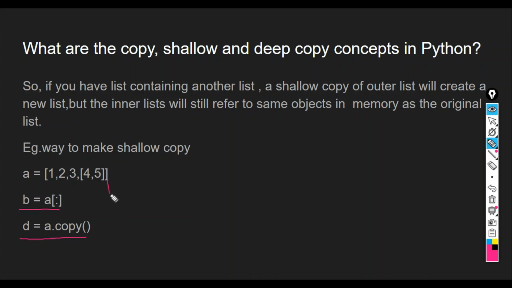It will create a new object for the top level object, but for the nested object it will not create a new object. It will still refer to the same object in memory as the original list. This we will understand more by doing code.